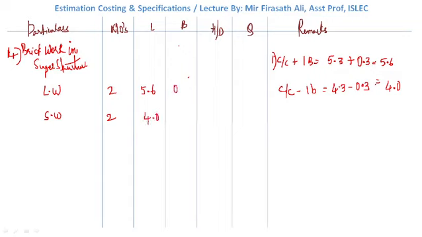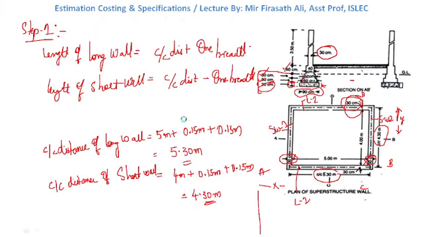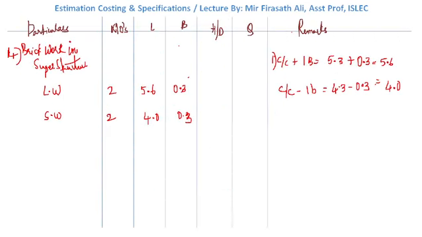The breadth is 0.3, 0.3. What is the height of the superstructure? The height of the superstructure is 3.50 meters. We include it here.